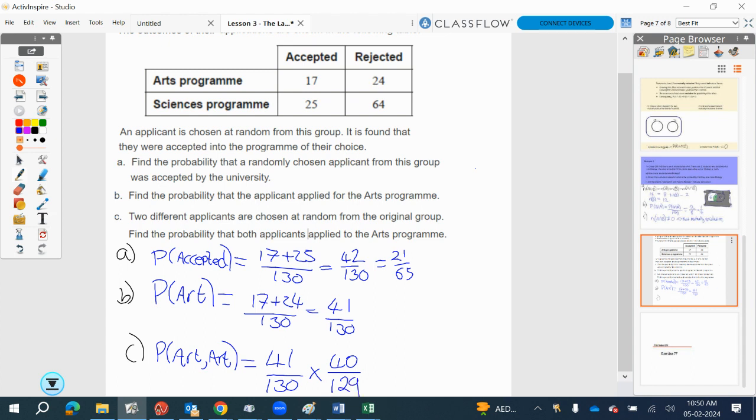Put this into your calculator. What do we get? 41 over 130 times 40 over 129. You get 164 over 1677.